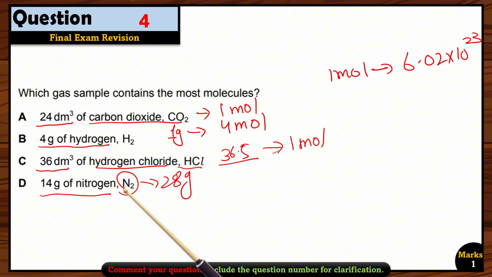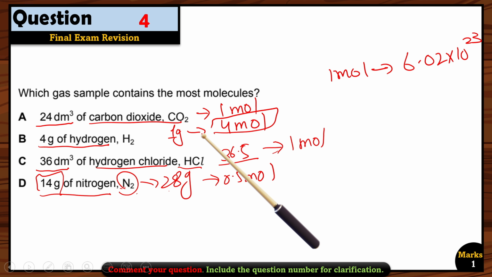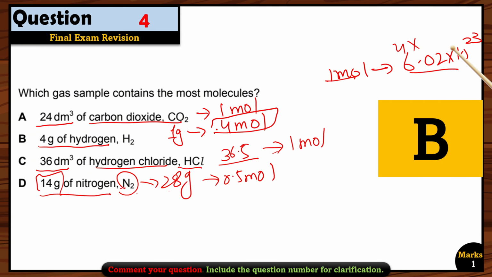Because N is 14, so 14 into 2 is 28 gram. So 14 gram of nitrogen molecule is actually 0.5 mole. So which one has the most molecules? 4 moles will have the most molecules, because if 1 mole has 6.02 × 10^23, then 4 moles will be 4 × 6.02 × 10^23. So that's why option B is the right option.